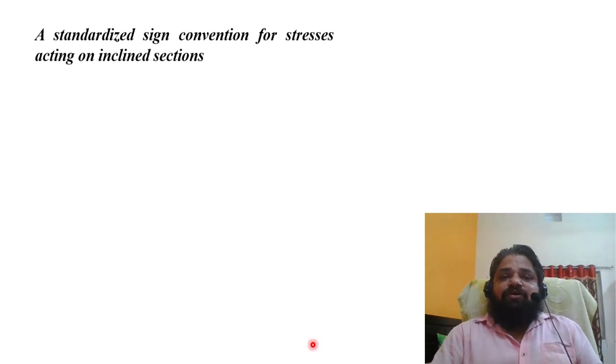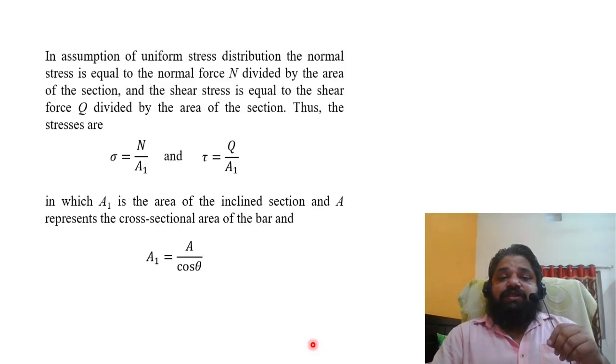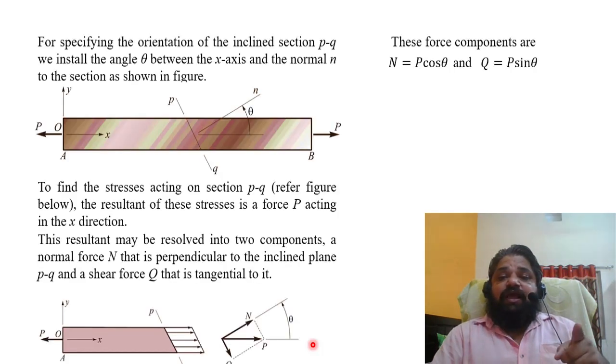Now the standardized sign convention: we have two different references here. The normal stress sigma is N by A1, and the shear stress tau is Q by A1, where N is equal to P cos theta and Q is equal to P sin theta.